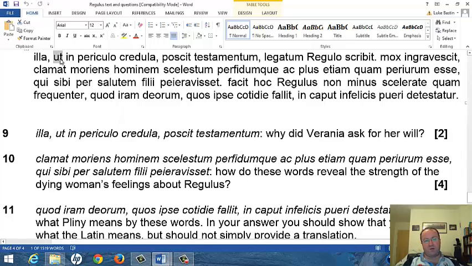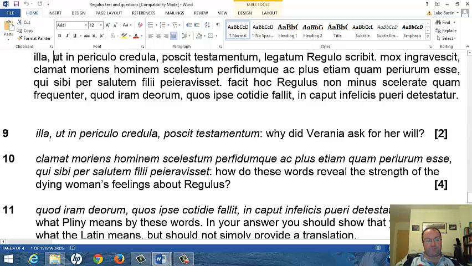Okay, so ut in periculo credula, that's the clause we need to concern ourselves with first. Notice how we've got a clause here and we've got a clause here. So we do not have a verb in this clause here, and we need to supply one. Est would be sensible. So believing, credula.